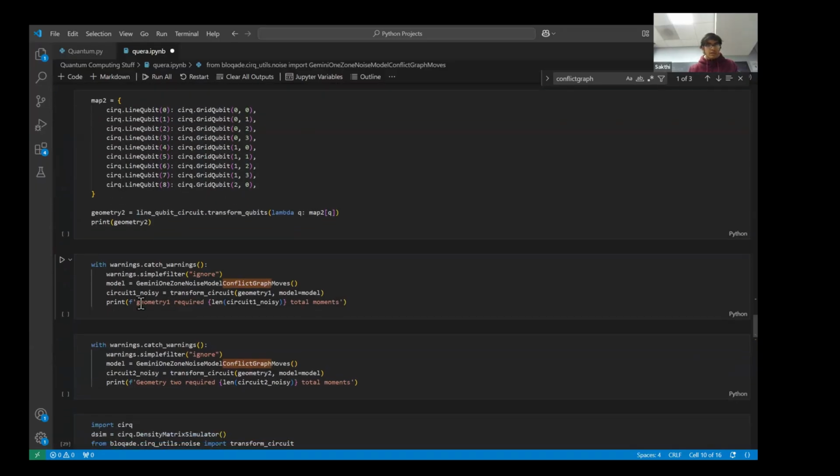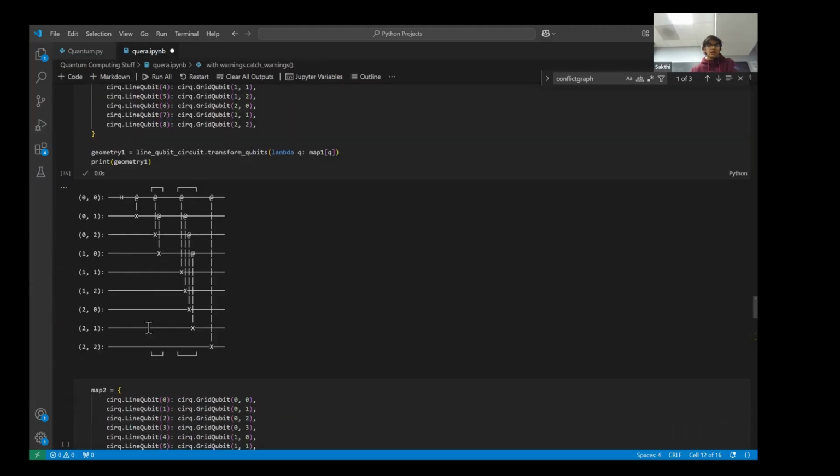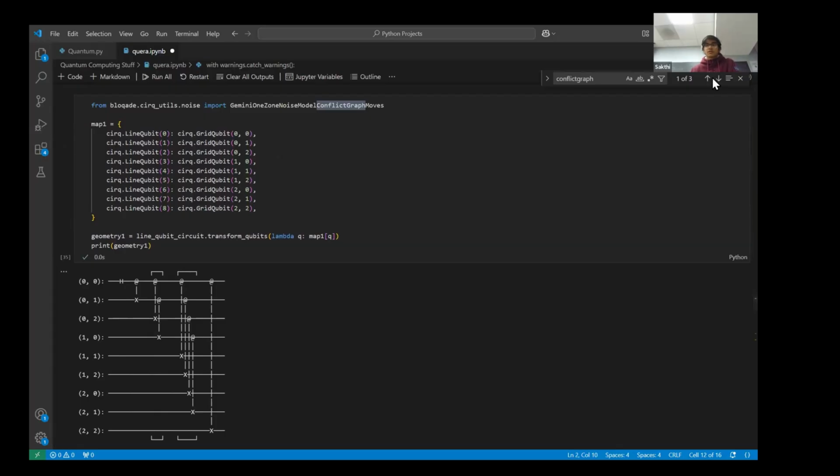So in this case, this code is basically telling you the minimum number of moves it would take to compute all the operations on this particular grid of qubits. For the first geometry that we have, let me pull up a picture so that helps.